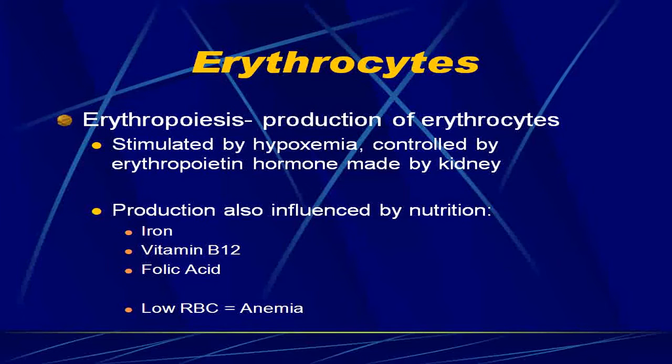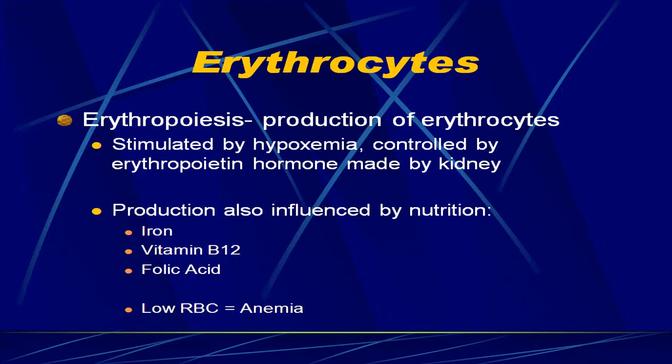As I said, iron is needed for hemoglobin synthesis. Hemoglobin is a portion of the red blood cell, but we have to have iron in adequate levels for hemoglobin to be manufactured. So iron is really important to the diet.